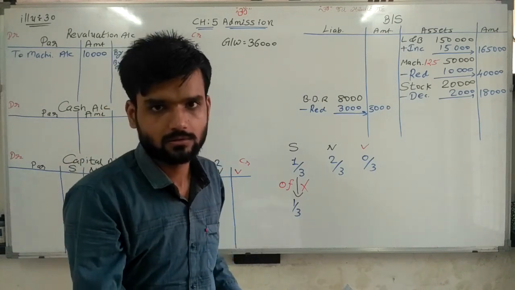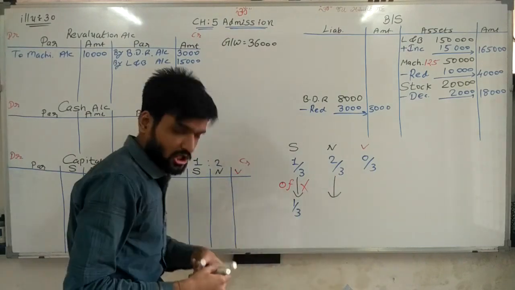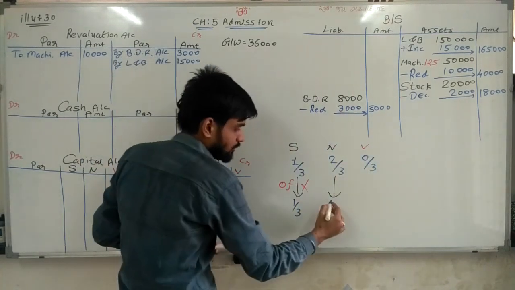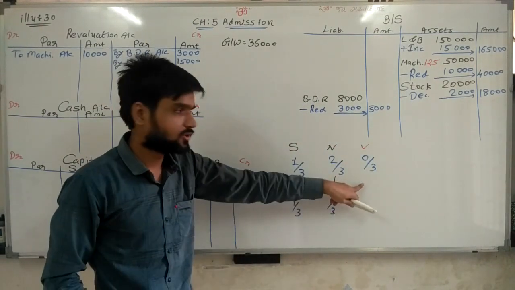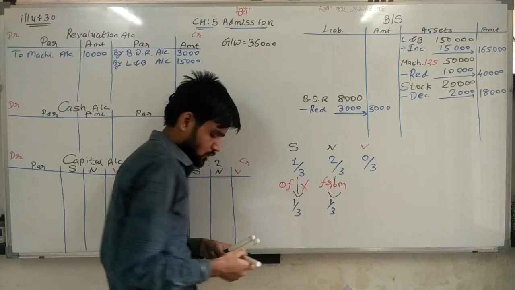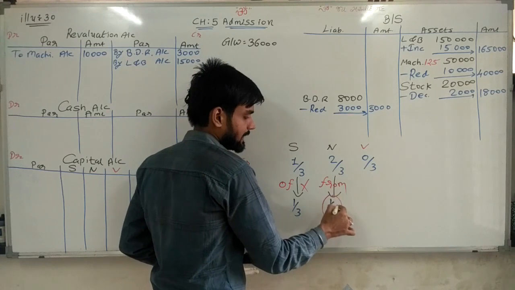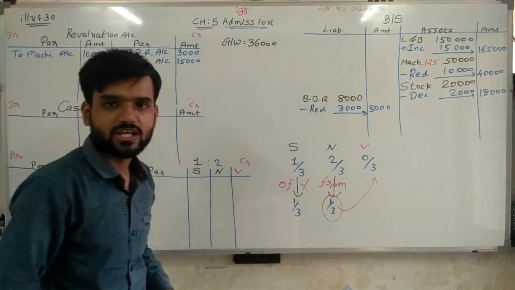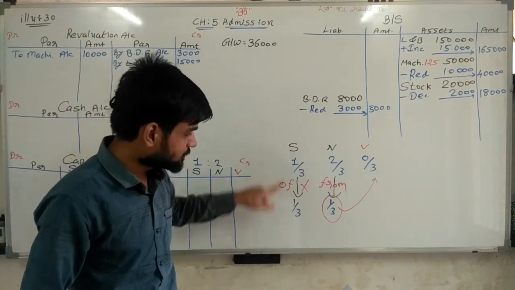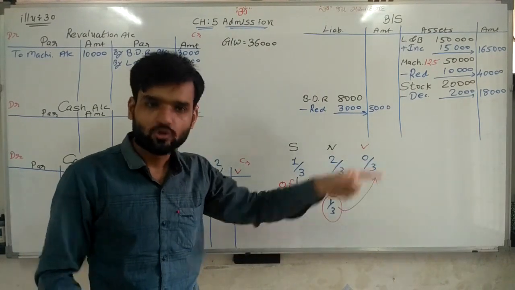That you need to remember. So Neeraj gives 1/3 share to Vijay. So 1/3 directly given to Vijay. It means it's from. So I don't need to multiply here because this 1/3 is directly given to Vijay. But this 1/3 is not directly given to Vijay. First we multiply, and whatever answer we get, that we give to Vijay.